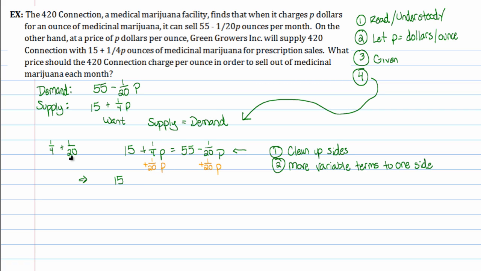Those both have p's attached to it. I'm just going to multiply top and bottom of this by 5. So that gives me 5/20ths plus 1/20th, or in other words, 6/20ths, and this reduces to 3/10. Okay. So this is plus 3/10 p is equal to 55.